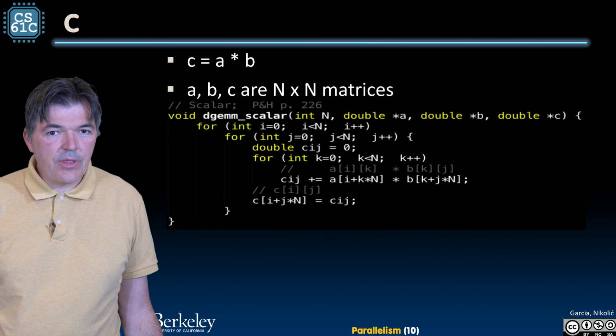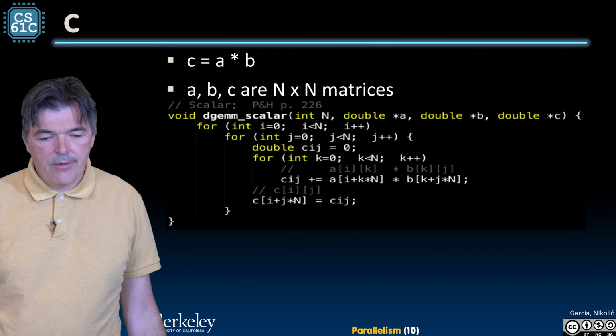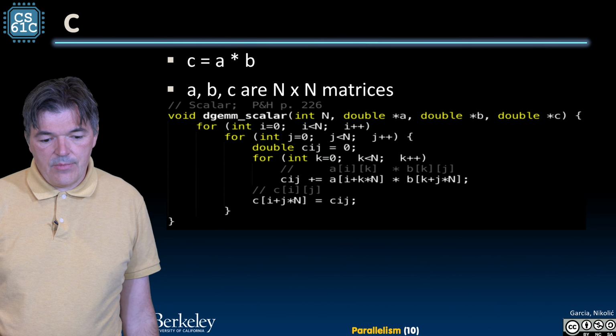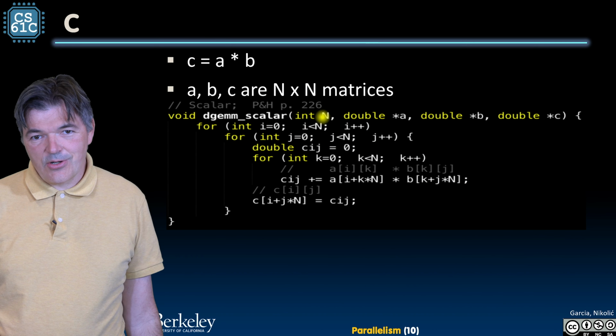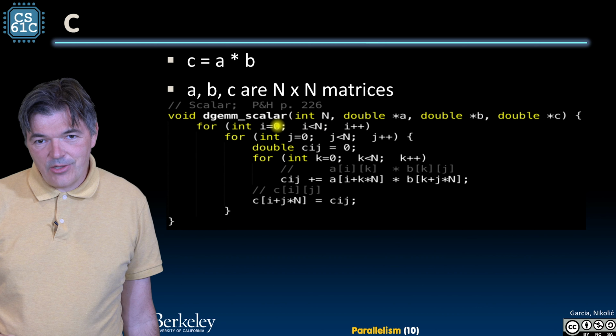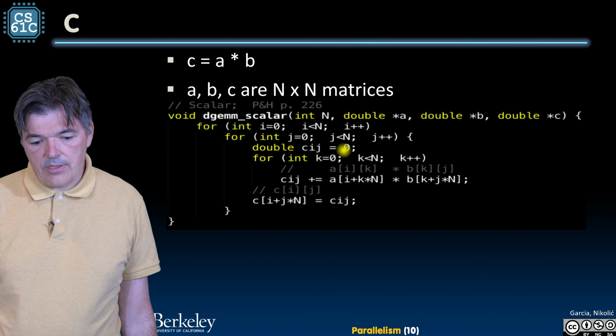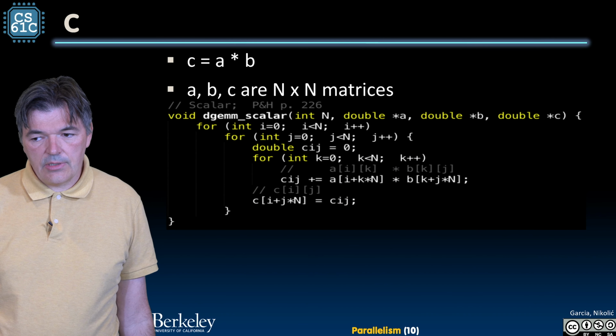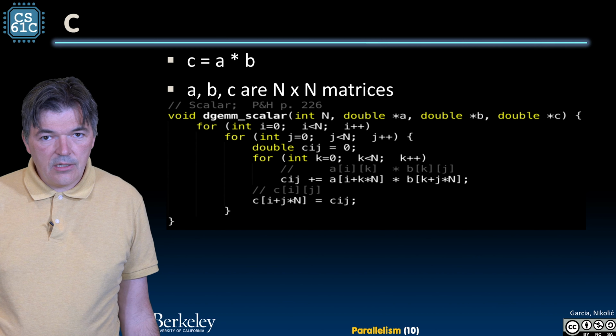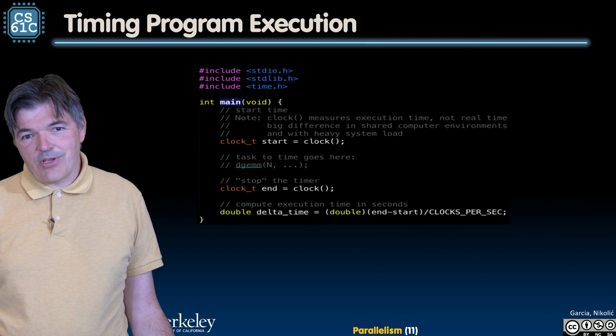Let's see how we implement this in the C language. Well, there is not much difference. In C, we are going to have a scalar, which is our sequential kind of operation. So here is our dgemm scalar baseline. It's a triple loop. The inner element gets initialized, and we accumulate A times B products to it. How long does that take? Well, you can actually run this experiment.